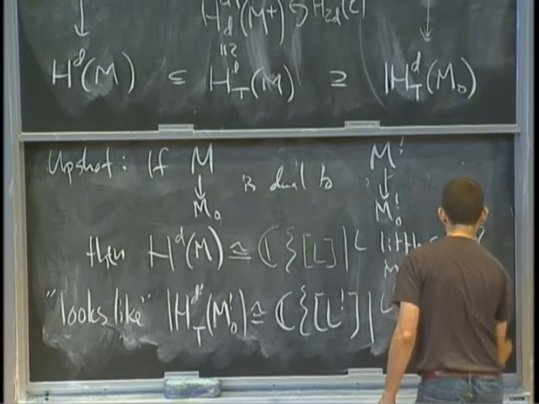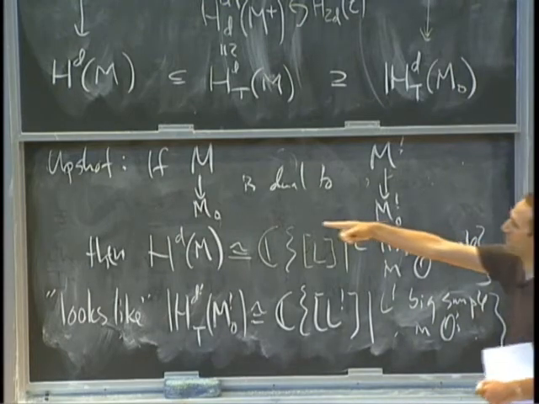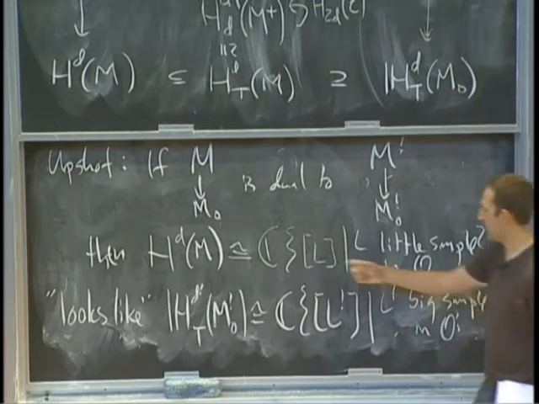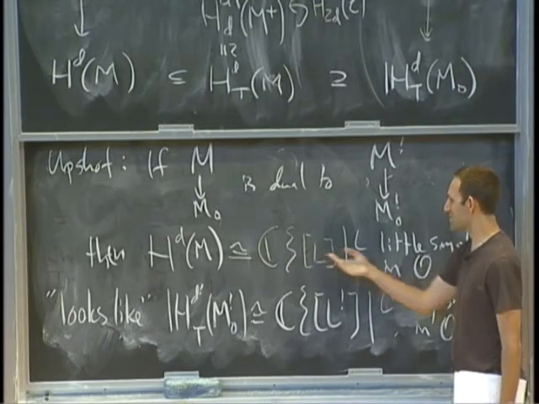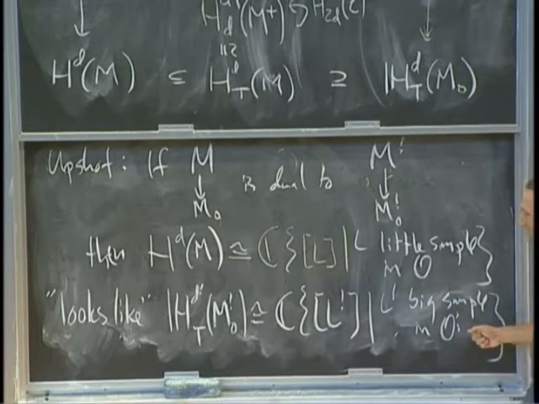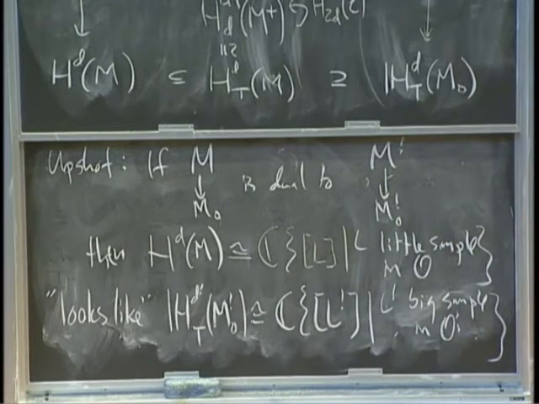At least the dimensions are the same. Given part 3 of our conjecture, the number of little simples in O is the same as the number of big simples in O shriek. So if I look at the vector space that has that as a basis, that's this. And the vector space that has this as a basis, that's this. I could say that the groups are isomorphic.